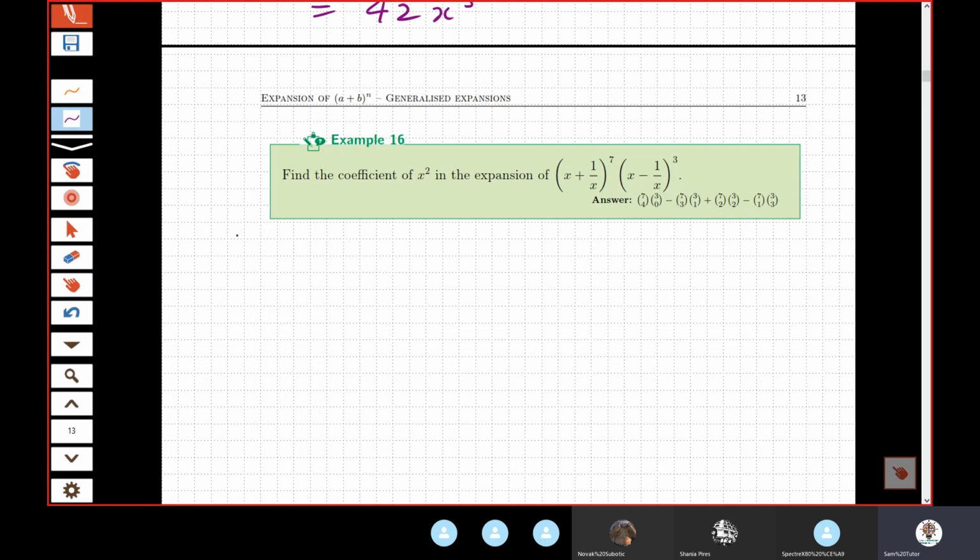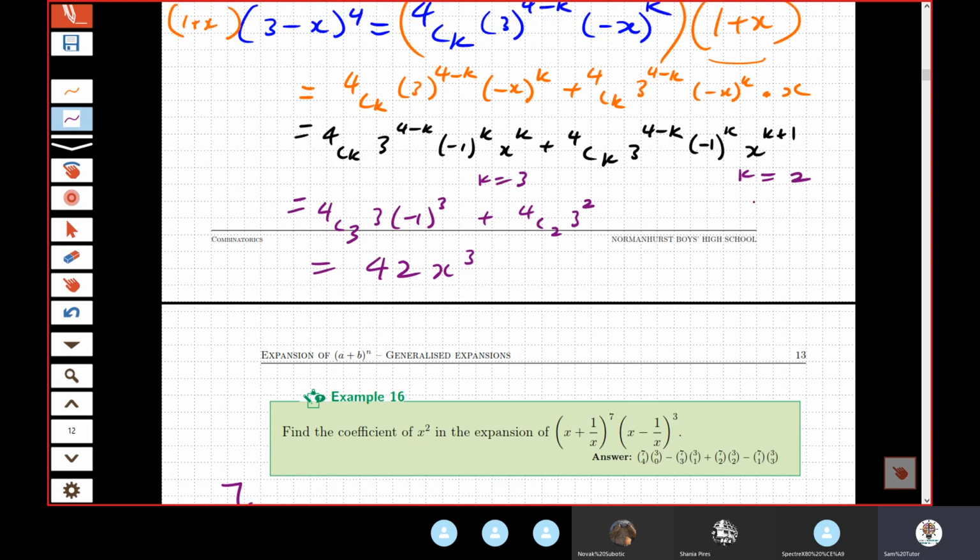Nothing should change, but we can't use k for both. You can't really use k for both because by the time you expand it, a lot of things will be incorrect. So we're going to do 7 choose k, because as you can see, k's can be two different values.